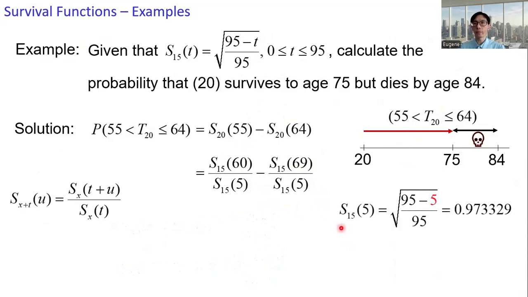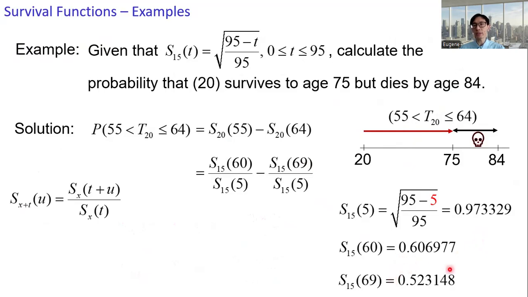S15(5), we get this expression, and then the probability is 0.973. And then we can also calculate S15(60) and S15(69). Plug it back into the expression. Upon calculation, we get the desired probability 0.0861.